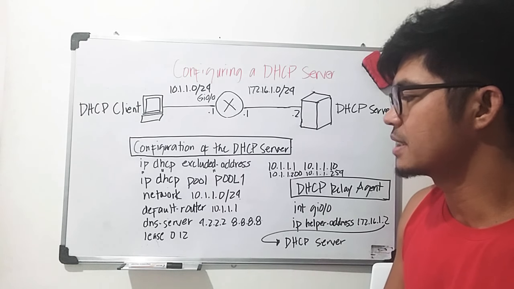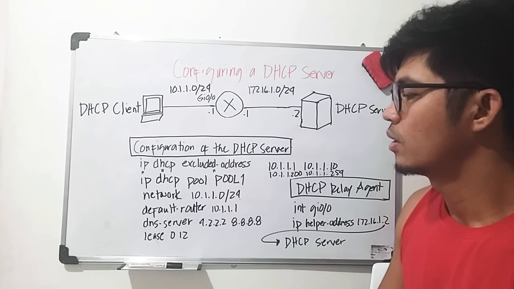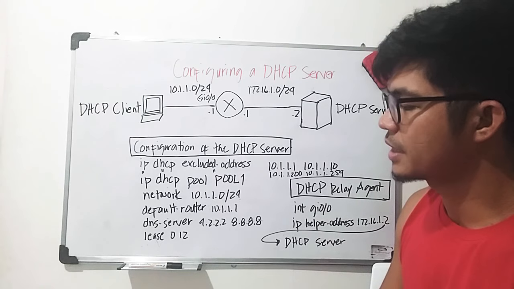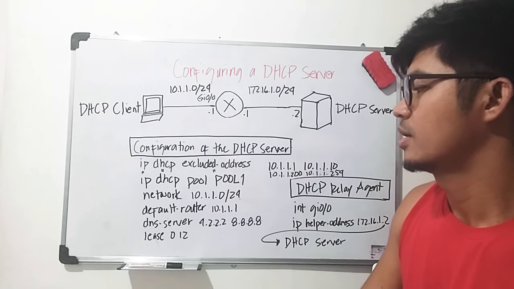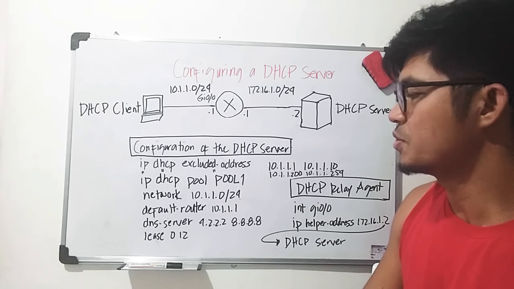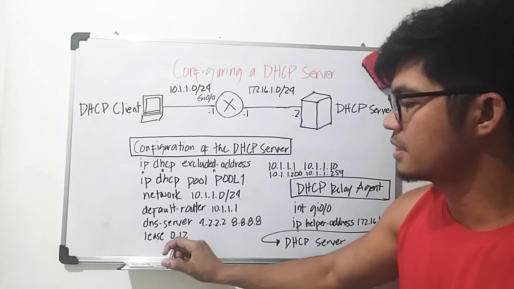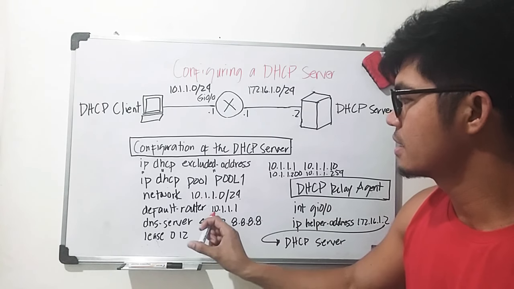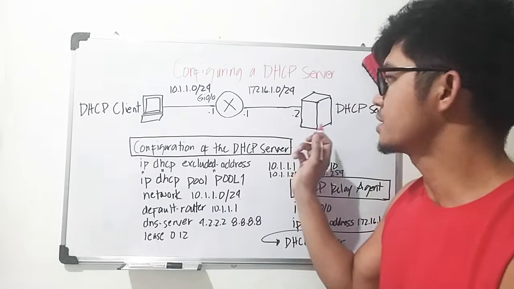So lease time is the time when the client can use the IP address. So in this case, the client can use the IP address that it will get from the DHCP server.